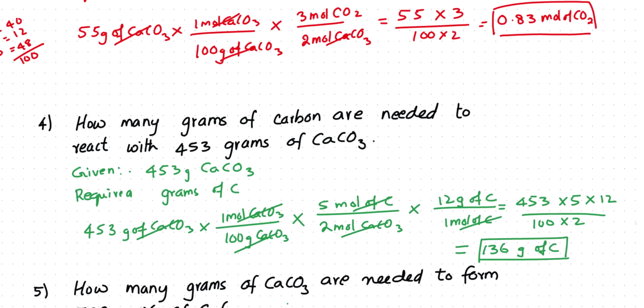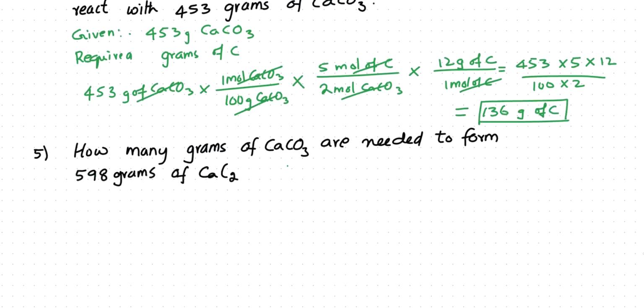Okay, last one. How many grams of calcium carbonate are needed to form 598 grams of calcium carbide? So first we write given amount. So given is 598 grams of calcium carbide, and required is how many grams of calcium carbonate.